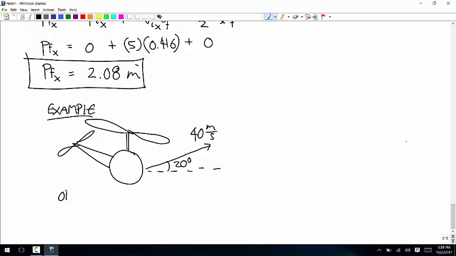And an object is dropped from the helicopter and it reaches a height of 30 meters.